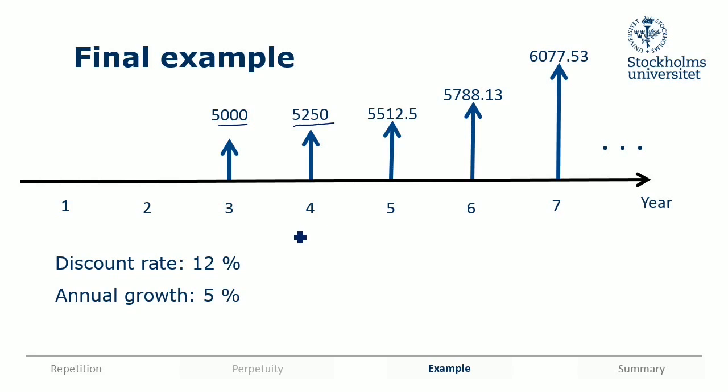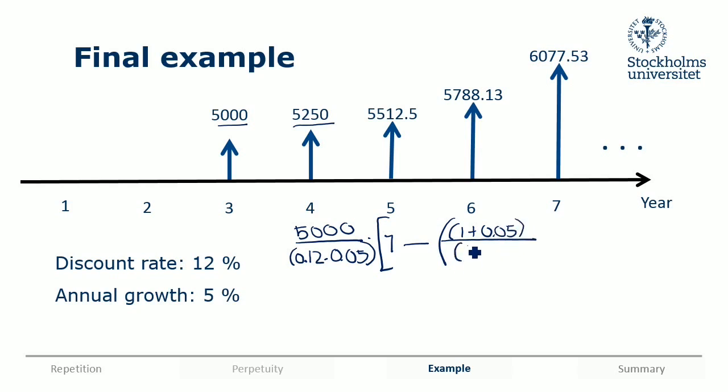We take the first cash flow, which is in year 3, 5,000, divide by the interest rate minus the growth, so 0.12 minus 0.05, times the factor 1 minus 1 plus the growth, divided by 1 plus the interest rate, raised to, well, infinity.